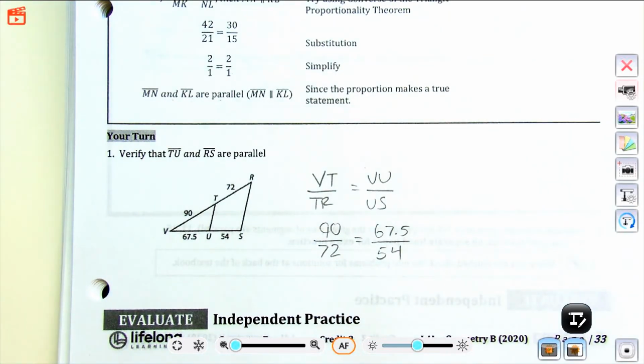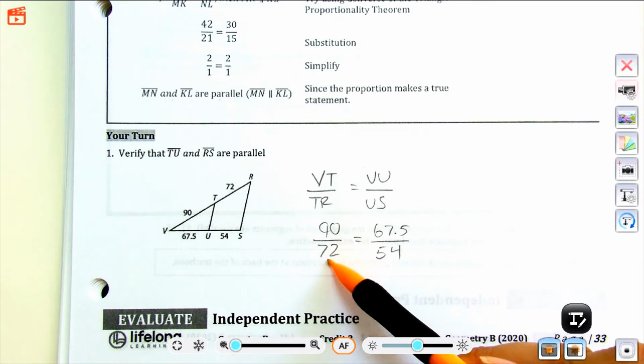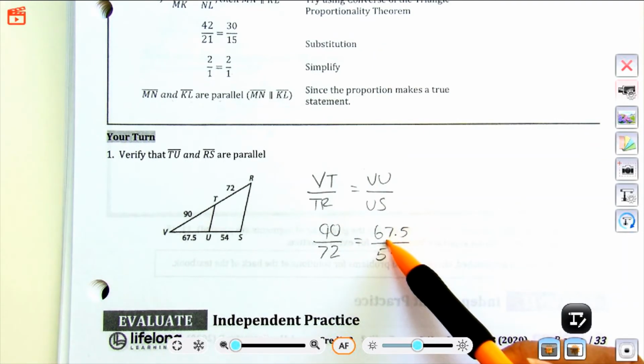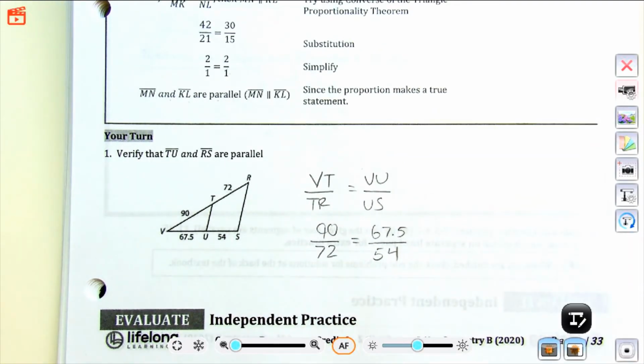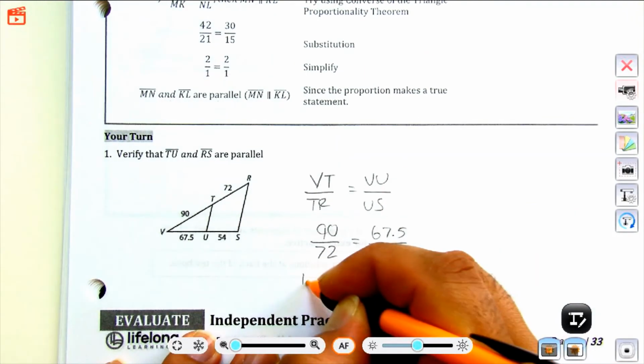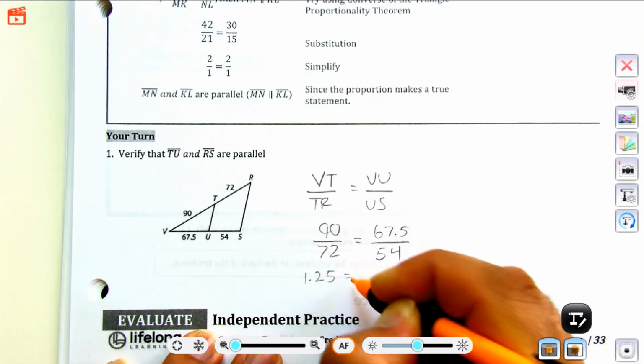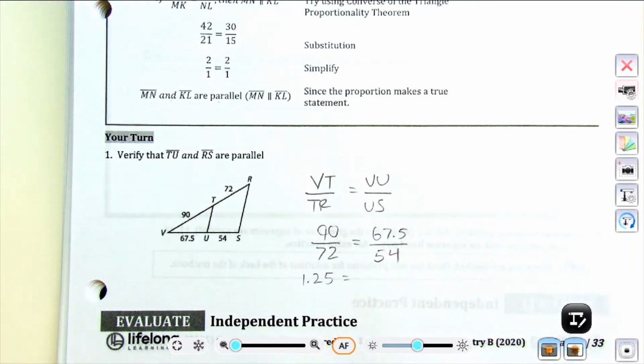So what if we reduce? We could try to reduce, or we could try to divide. So let's divide 90 divided by 72, and let's divide 67.5 divided by 54. 90 divided by 72 gives me 1.25, and 67.5 divided by 54 is also 1.25.